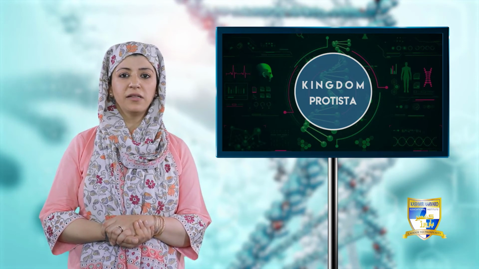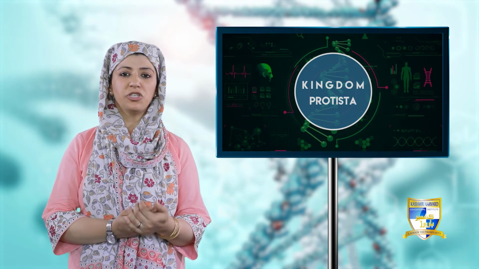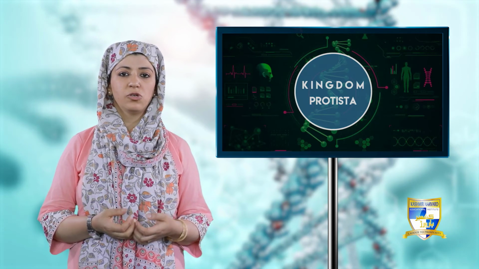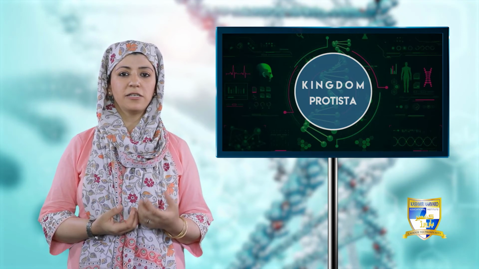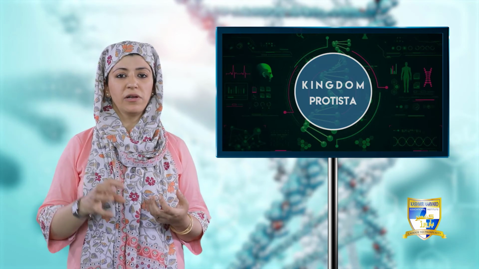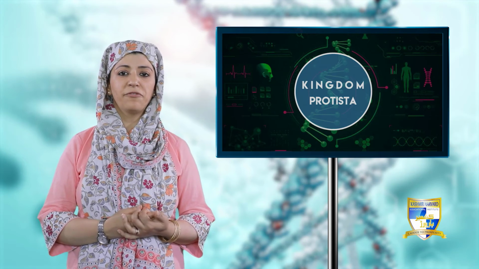Binary fission simply means the division of a parent cell into two equal daughter cells. So one cell is divided into two. In multiple fission, one parent cell is divided into several daughter cells. If it is 2, then it is binary fission; if it is more than 2, then it is multiple fission.